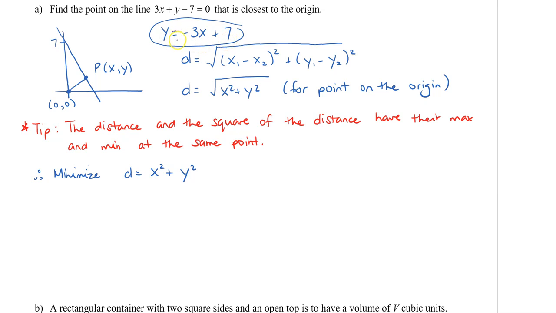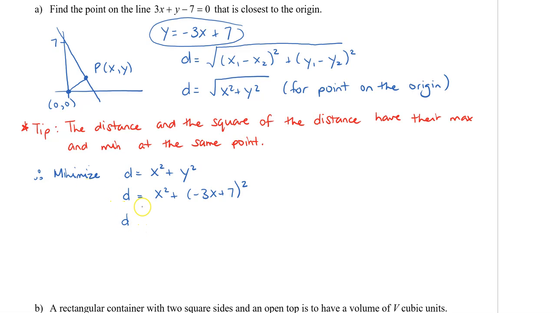So I'm going to substitute that in for the y in this expression. So now I have d equals x squared plus negative 3x plus 7, all squared. In this case, we're trying to minimize this distance.